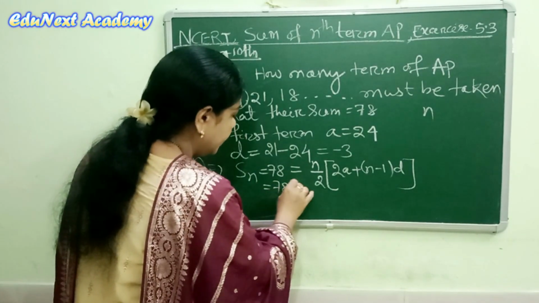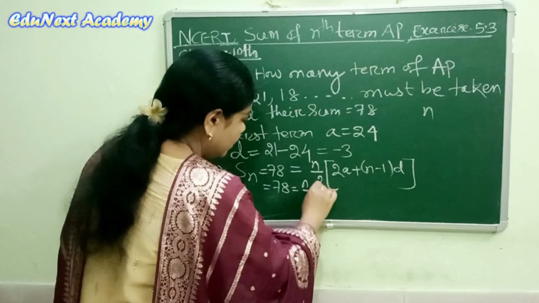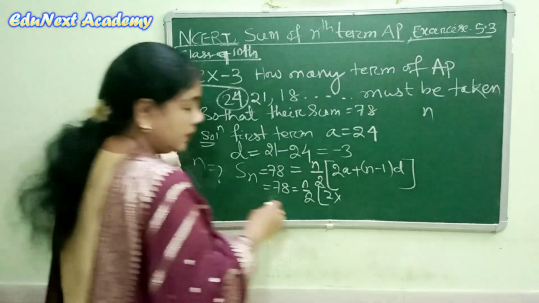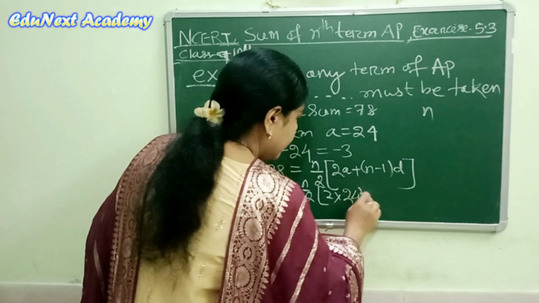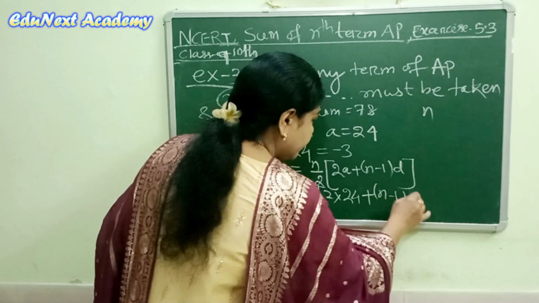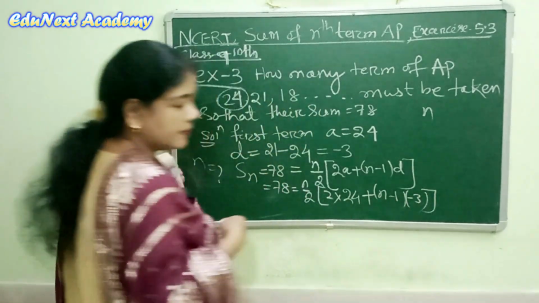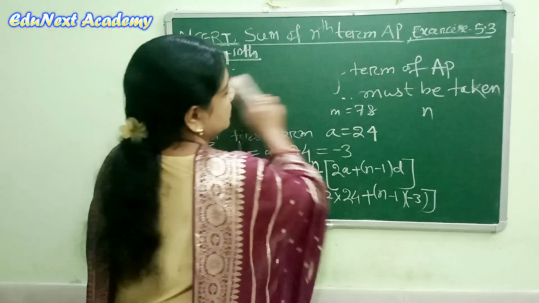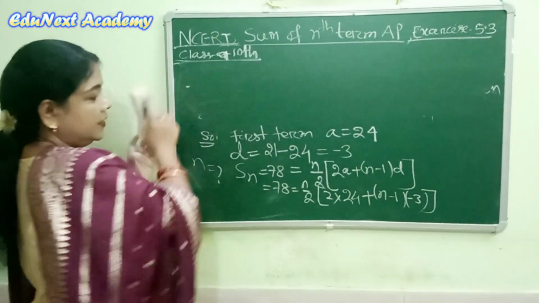Now put all the values here. 78 is equal to n by 2 into 2 into a, here 24, plus n minus 1 into d, which is minus 3. Now after solving, I am just removing and solving here.